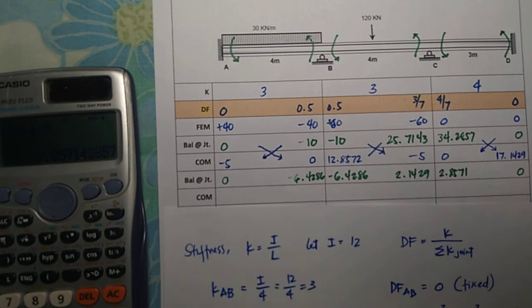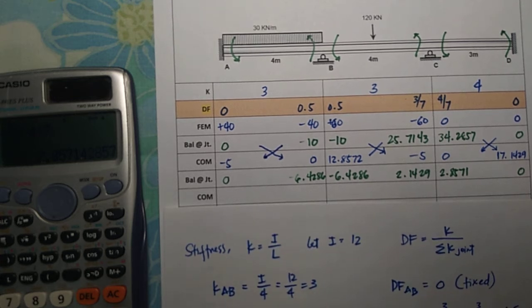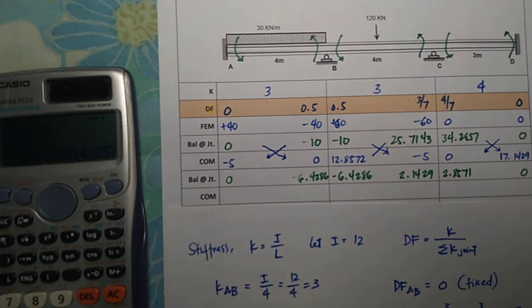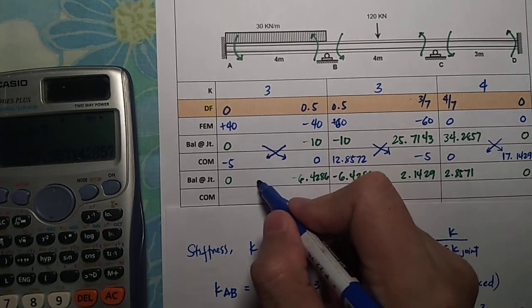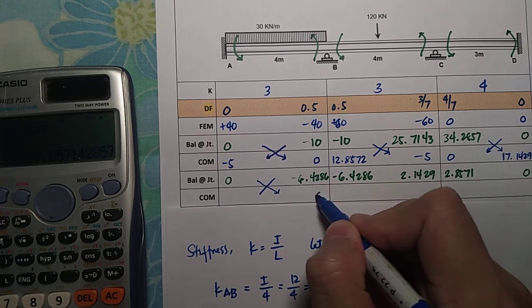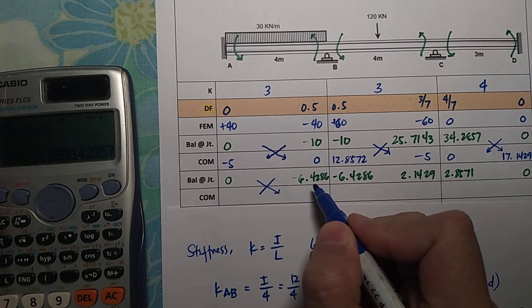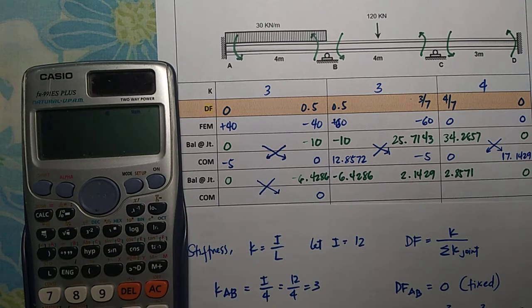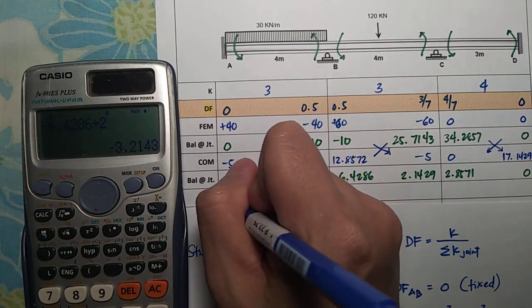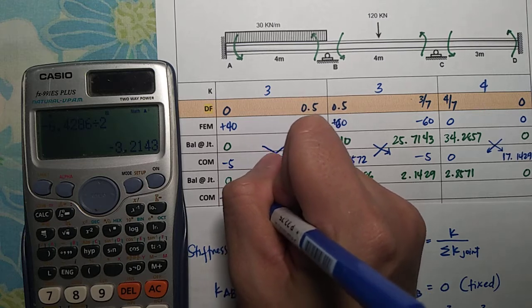Okay, so, balik ulit tayo rito. What about the carryover moment? So, again, criss-cross na naman. So, x. So, yung 0, kalahati niyan, 0 pa rin. Itong negative 6.4286, kalahati niya, divided by 2, negative 3.2143.